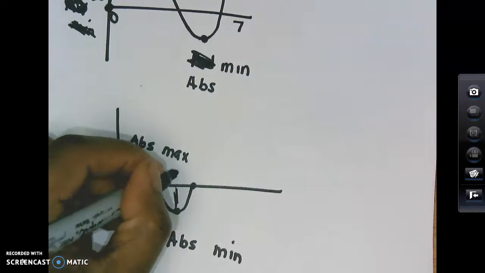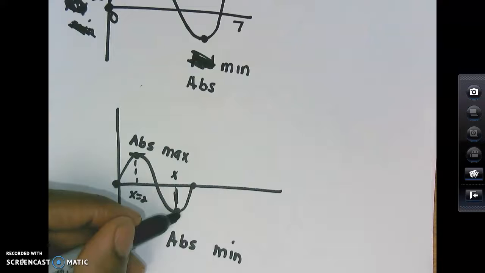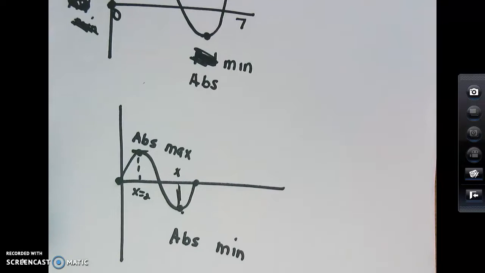Let's just say this is 5, because the derivative here is 0. So that's another key point that you're going to need to write down, that an absolute max can occur when your derivative is equal to 0 or undefined, right? Or your absolute max can occur at your endpoints.